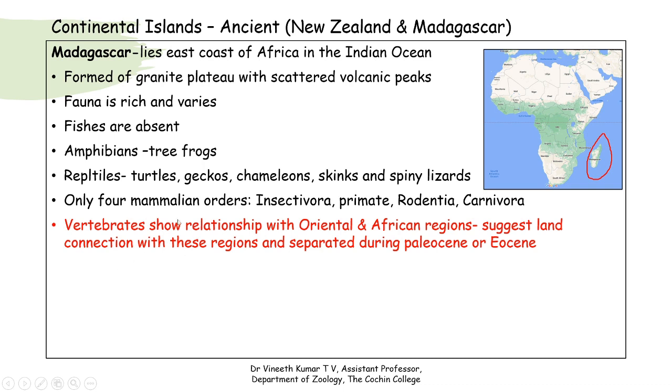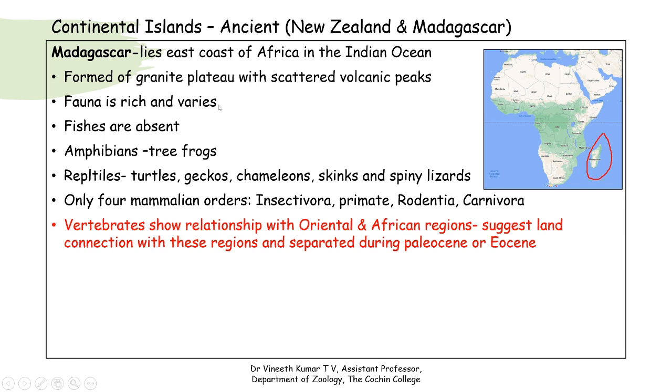So the vertebrates show relationship with both the Oriental region, that means India, China, the parts of Asia, etc., and the African region. This suggests that a land connection with these regions might have existed and got separated during the Paleocene or the Eocene period. So that is why they have animals related to Oriental and African regions.